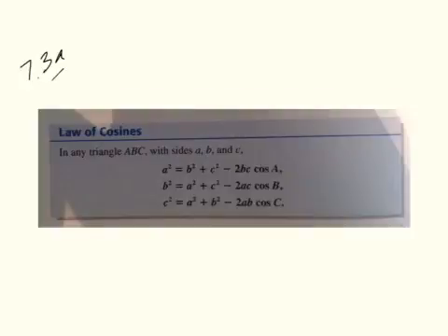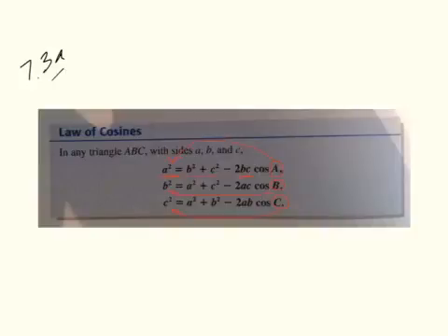And there it is. Notice what we've got there. When we're looking for a, let's say the length of a, we're going to take b squared plus c squared minus 2bc cosine of A. It makes it easier to memorize these because the cosine will always be the angle of the side that you're looking for.